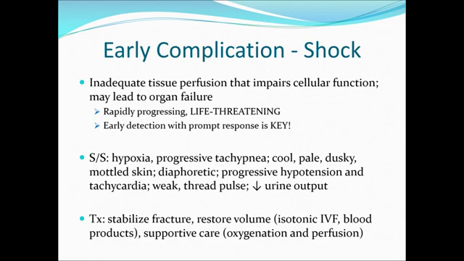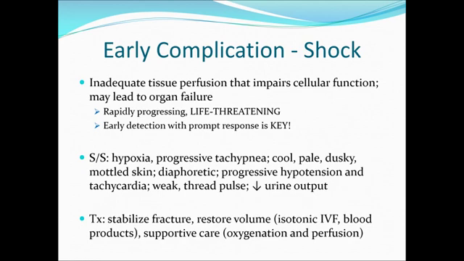Shock progresses very quickly and it is life-threatening. So it is very important as a nurse that you are watching your patient very closely, because if they're going to have shock or a situation that's going to lead to shock, early detection with prompt response is going to be the key to whether or not they survive.